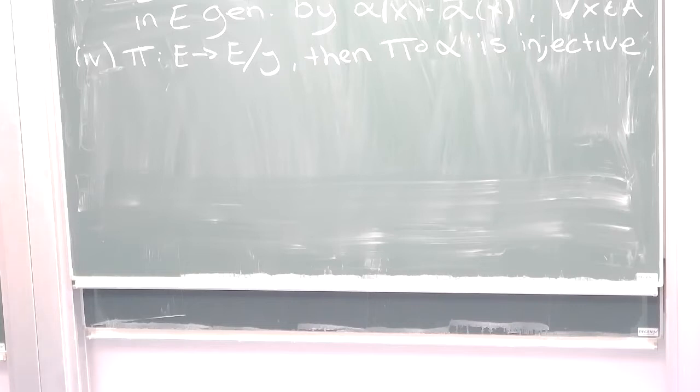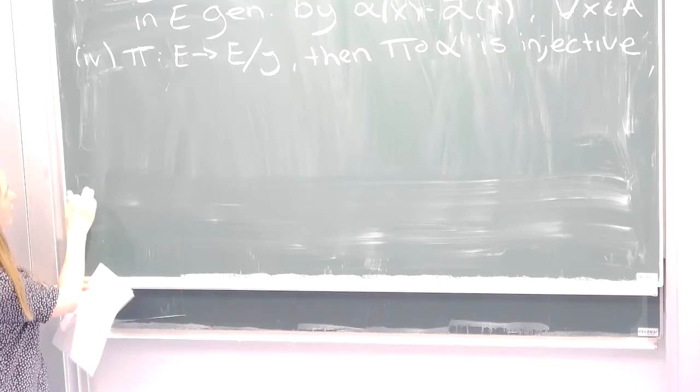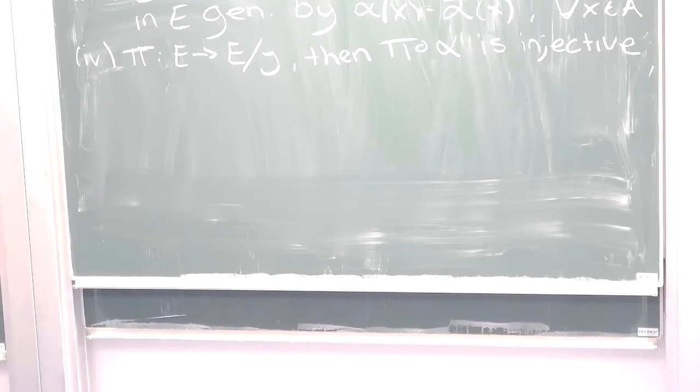But then it's possible to construct a Kasparov module from each of these quasi-homomorphisms.